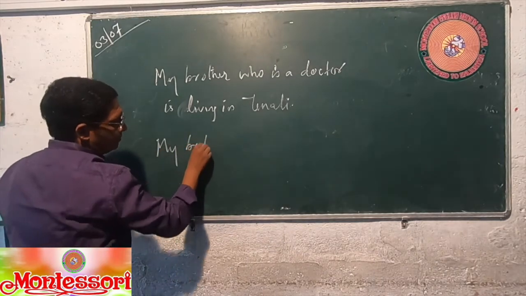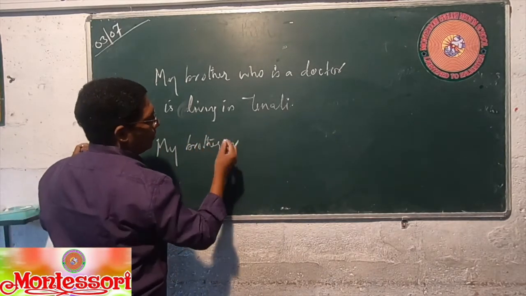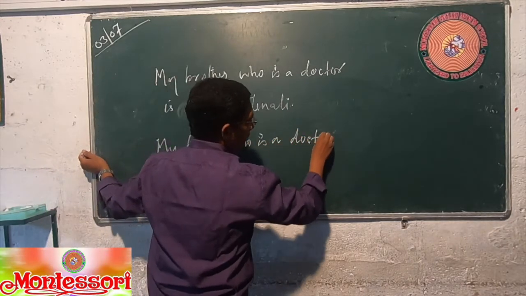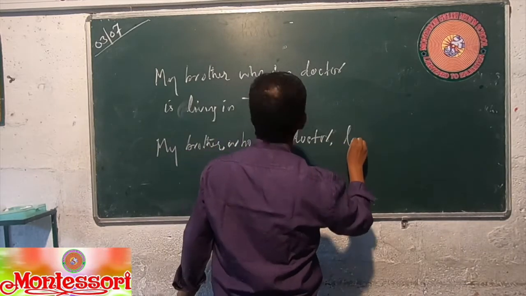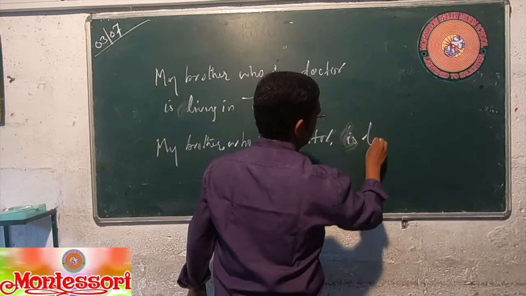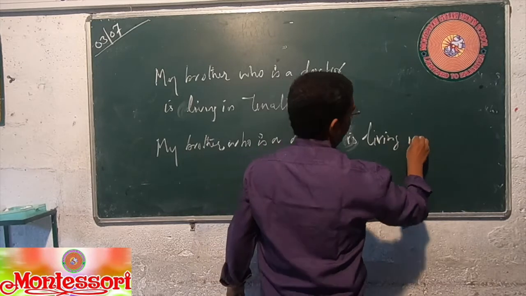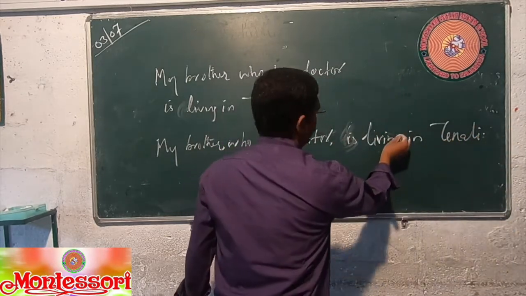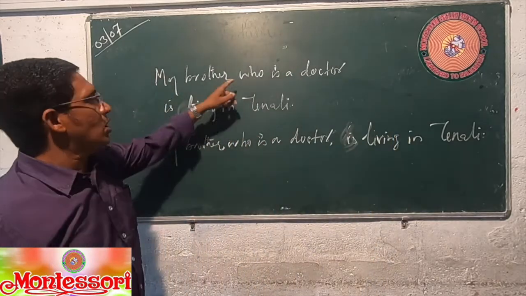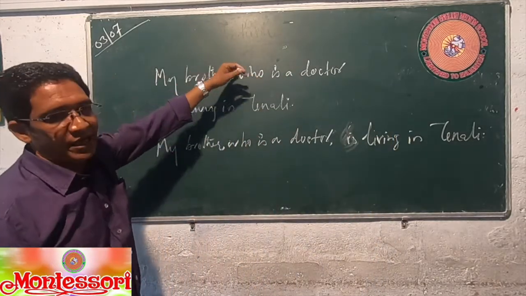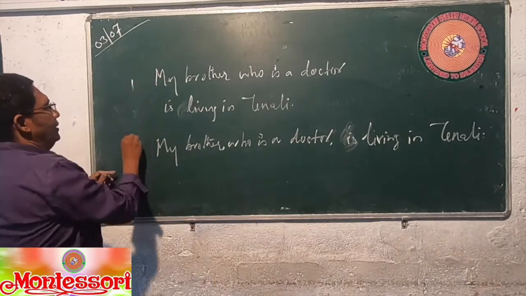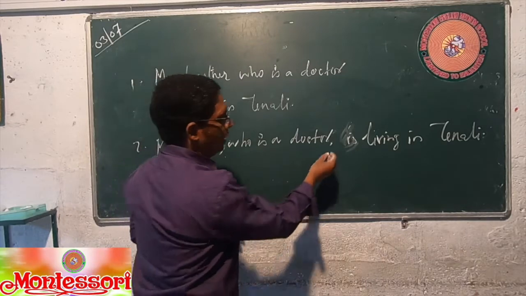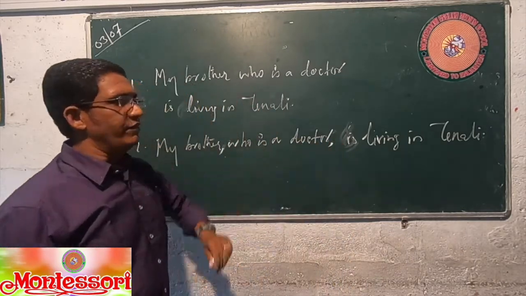My brother, comma, who is a doctor, comma, is living in Tenali. Now, if you notice this sentence, in the first sentence the clause is not separated with a comma, bracket or hyphen. In the second one, it is separated with a comma.